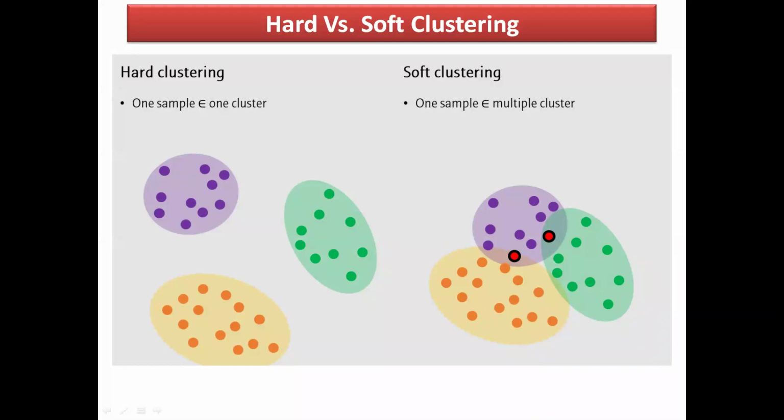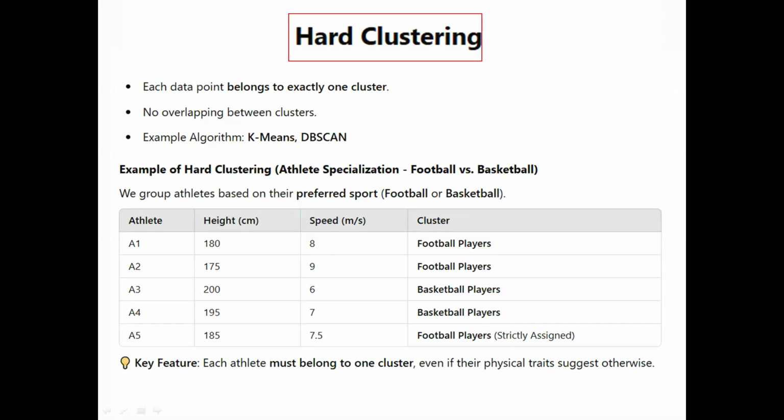So these are two broad categories, and we have to look at our data items and our research objectives to decide.